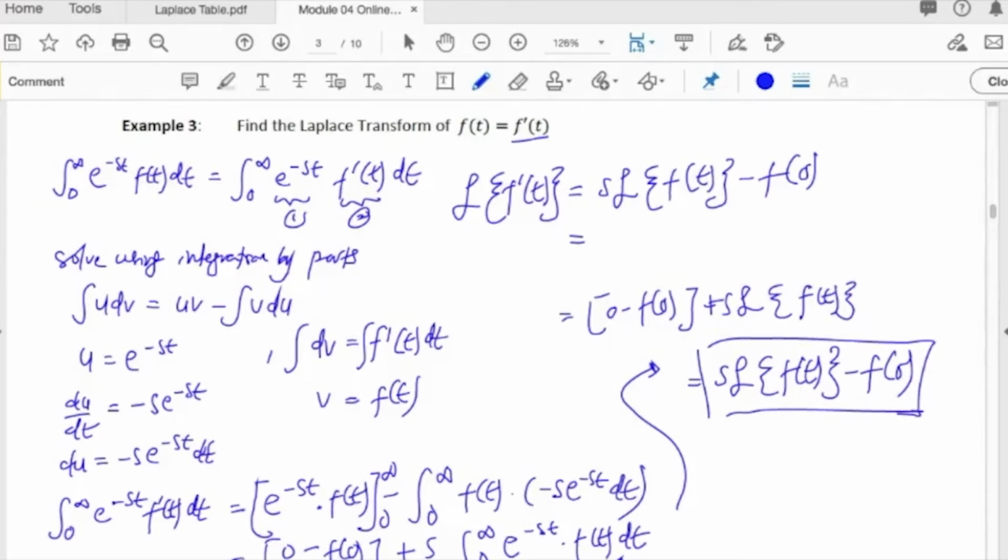If you apply the Laplace transform of f(t), you will have big capital F(s). Okay, so you can find this in Laplace tables.